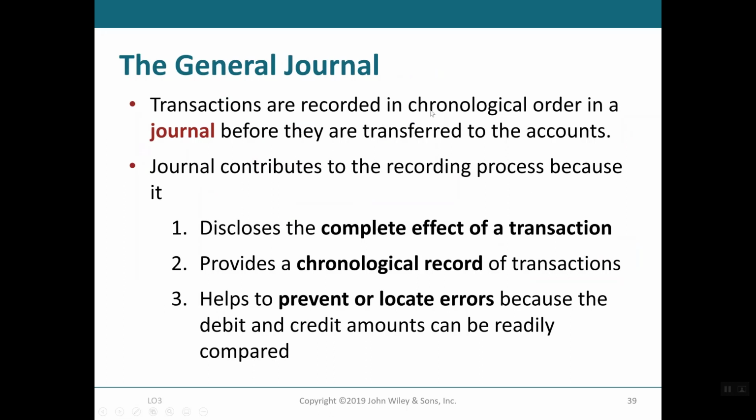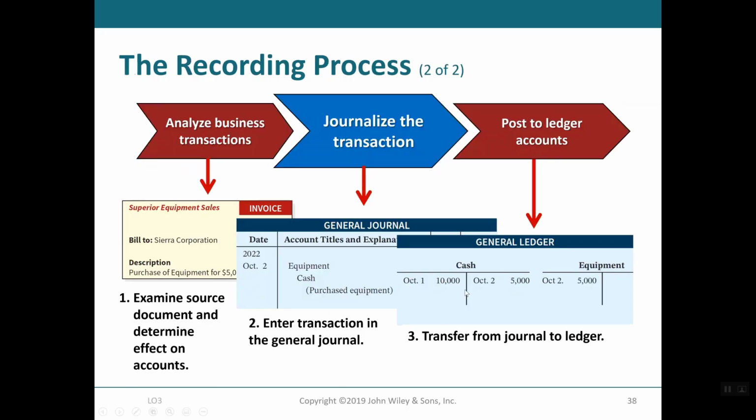All right, so transactions are recorded in chronological order in a journal. So as it happens, date by date, August 1, August 2, August 3, August 4, August 5, like that in chronological order, before they are transferred to the account. All right, so we had an example of the account in the last slide. This is it.